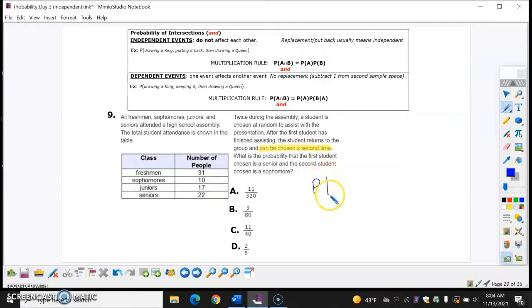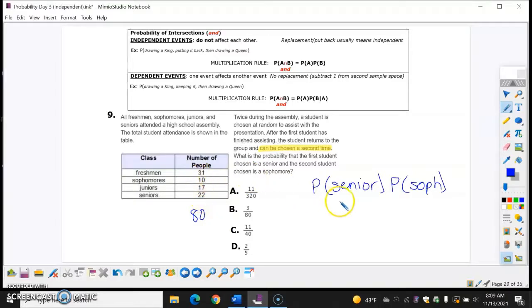We need to find the probability of a senior and the probability of a sophomore being chosen. So overall, if we add the total number of people, you would get that there were 80 people. See if you could figure out what this would be.